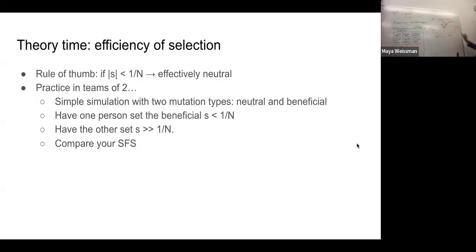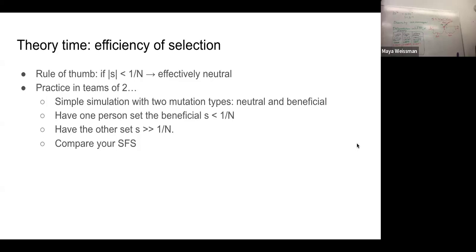And so we include this barrier of 1 over n. The reason is that the efficiency of selection is related to population size. I'll also mention that the reason it's exactly 1 over n has to do with the fact that 1 over n is the chance of a single individual.